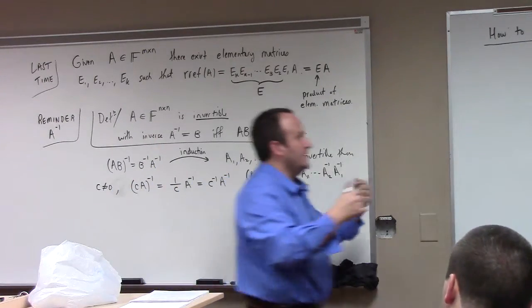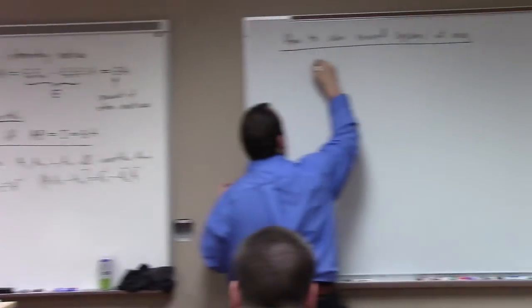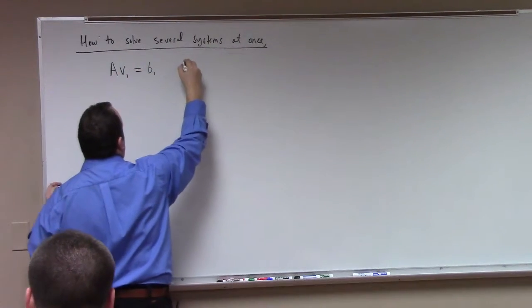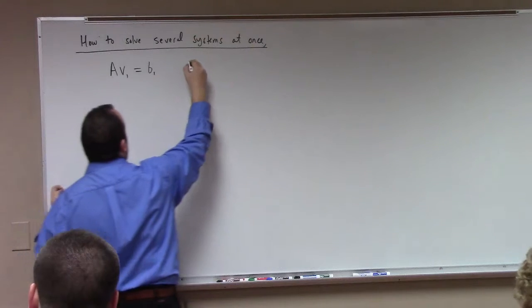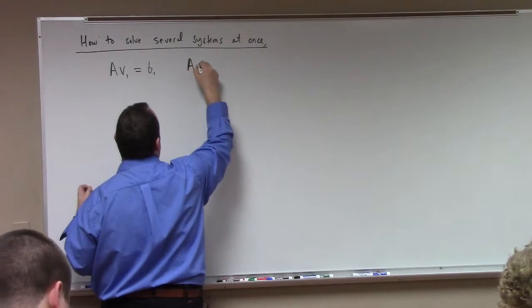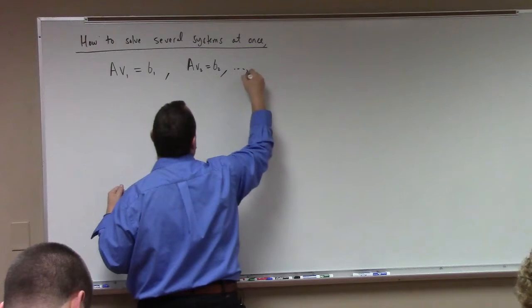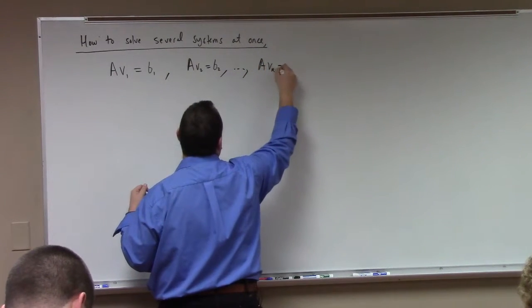So like if the systems that we're looking at are something like AV1 equals B1, AV2 equals B2, ..., AVK equals BK.